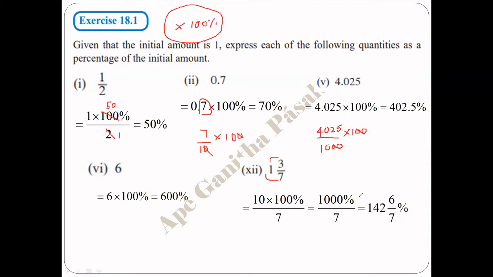You can check that using the long division method. You will get the answer as 142 with a remainder 6. So the answer is 142 and 6 over 7%.